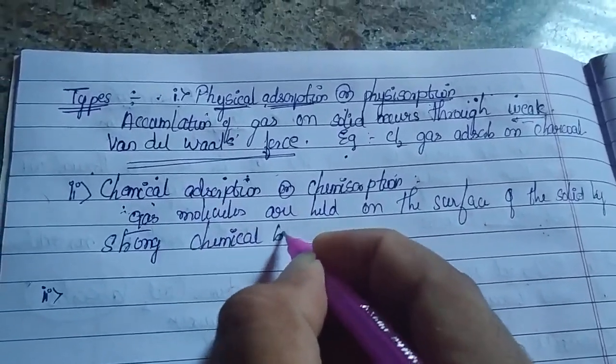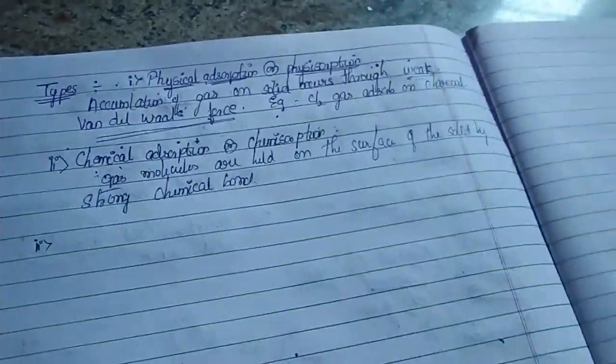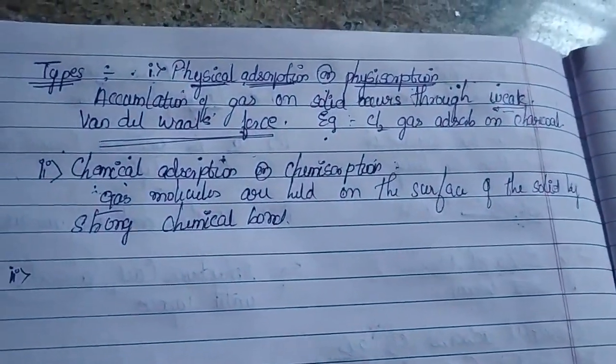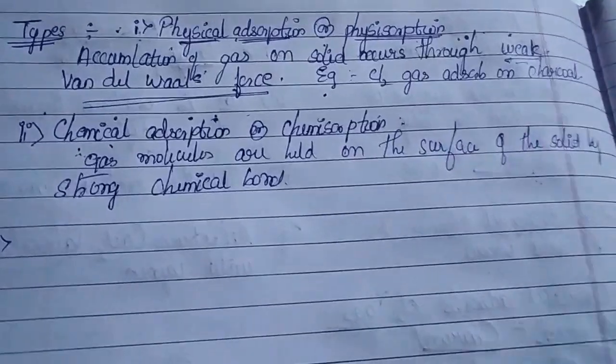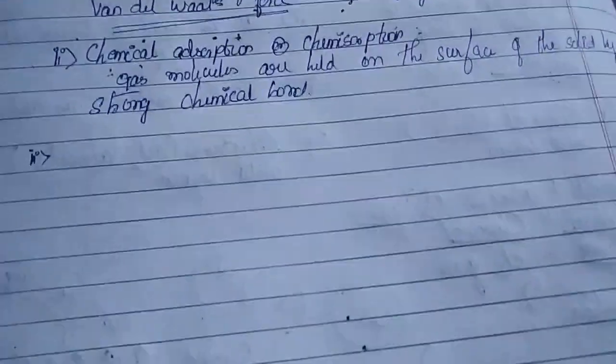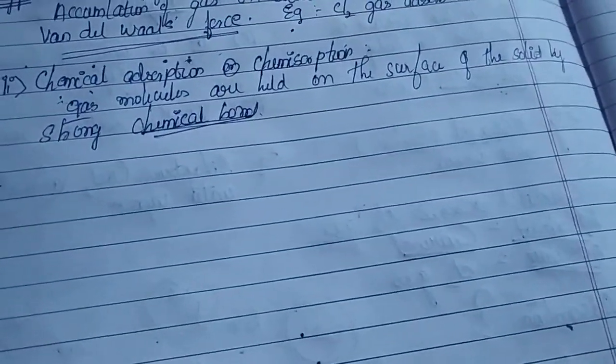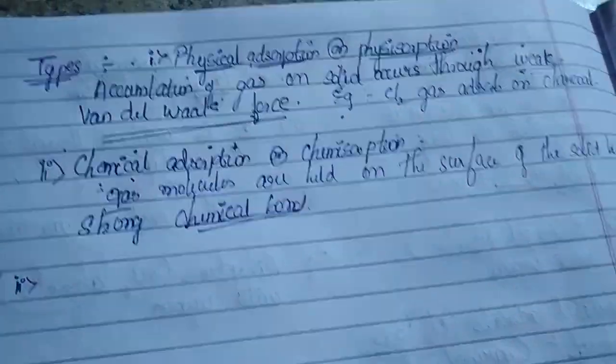It could be any type of chemical bond, but majorly it will be a covalent bond. So the interaction or bonding between the adsorbate and adsorbent is a strong chemical bond. Then that type of adsorption is called chemical adsorption.